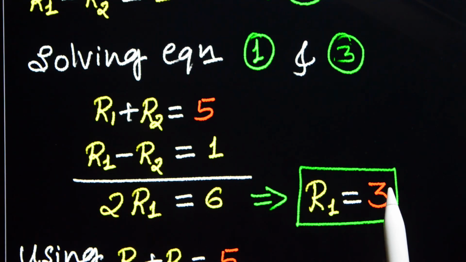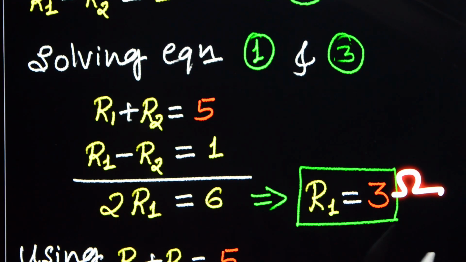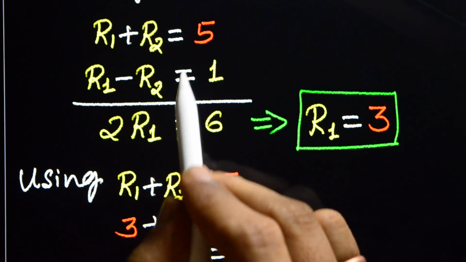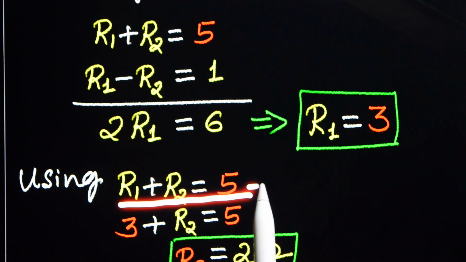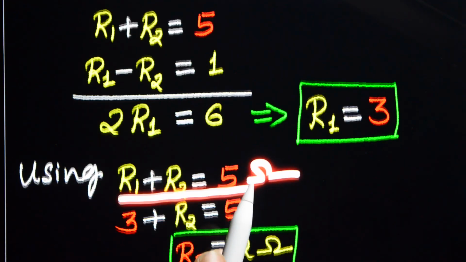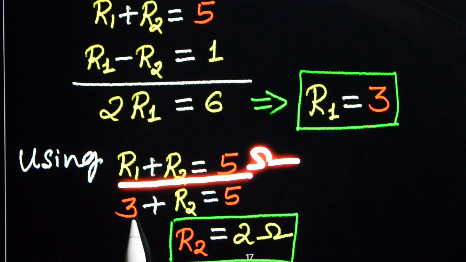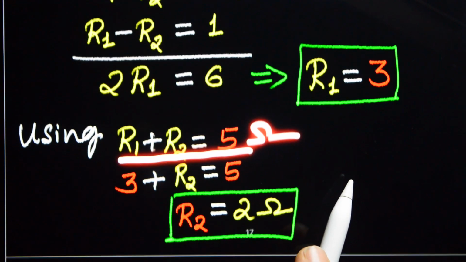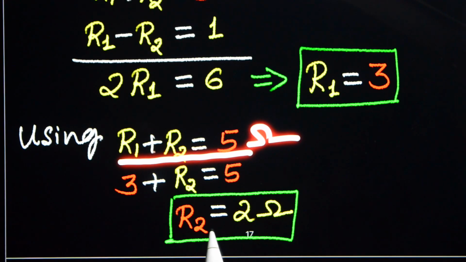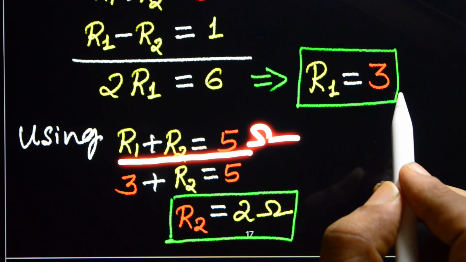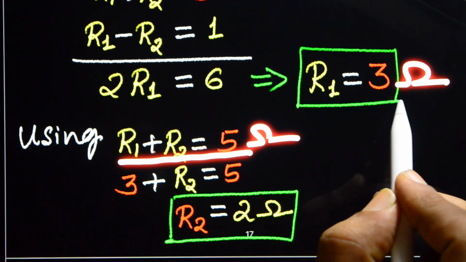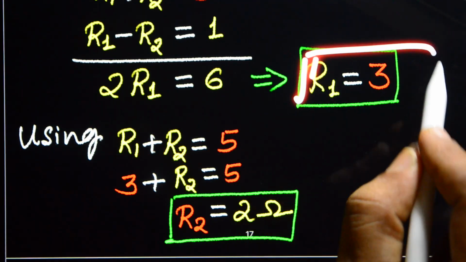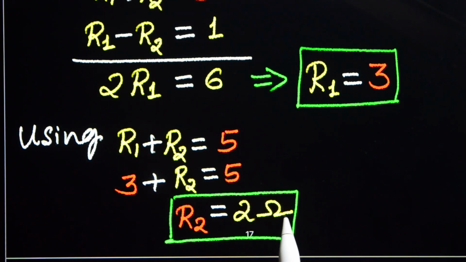Therefore R1 is equal to 3 ohm. Using the relation R1 plus R2 is equal to 5 ohm, substitute R1 equal to 3, and on simplification you will get R2 is equal to 2 ohm. So R1 is equal to 3 ohm and R2 is equal to 2 ohm.